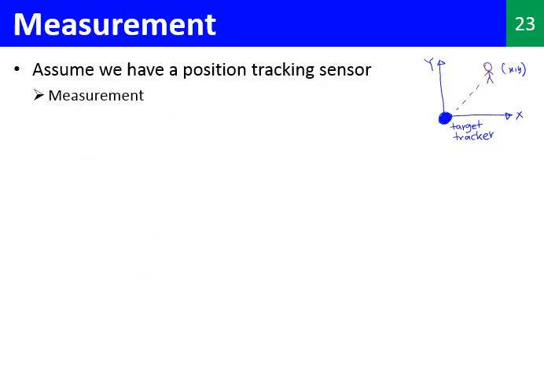Okay, next we are going to discuss the measurement model. For this example, let's assume a hypothetical scenario where we have a position sensor that tells us the XY coordinates of the target. Of course, this is an impractical situation because we should track the target without the target having a GPS-like sensor telling us where it is.